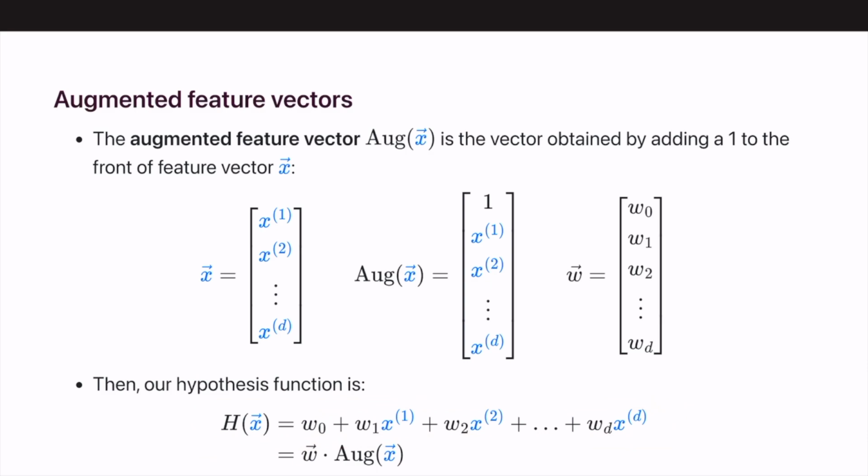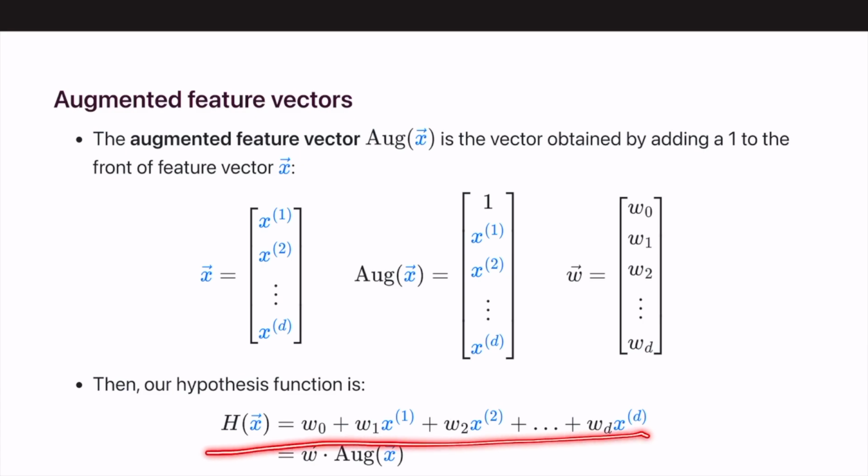To make a prediction, we take our y-intercept weight and multiply it by 1, so it's just whatever the y-intercept we learn is. We add that to our next weight times our value for the first feature, and so forth, up to the D weight multiplied by the value of our D feature.